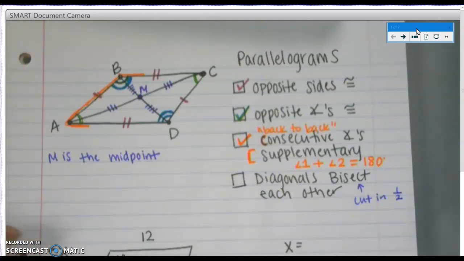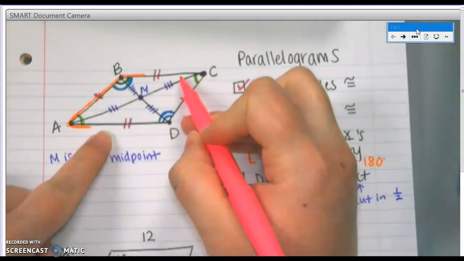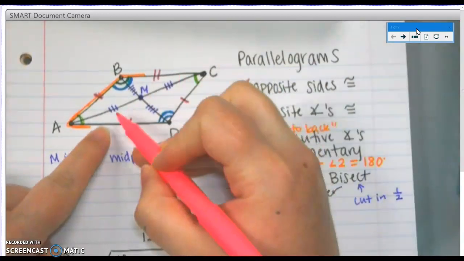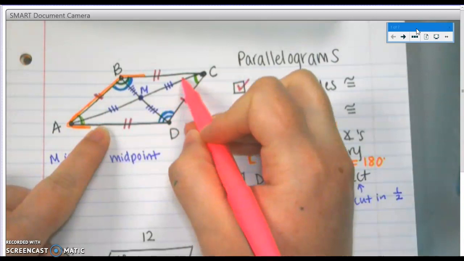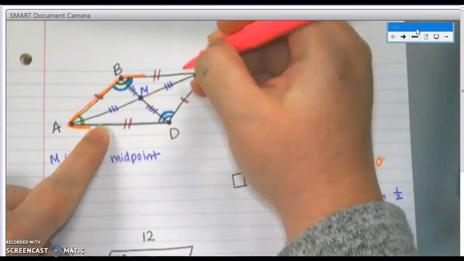But basically, because a parallelogram has both pairs of opposite sides parallel, I can also say, I'm just trying to find a different color, this will do, that basically the alternating pieces in opposite corners are equal to each other as well.